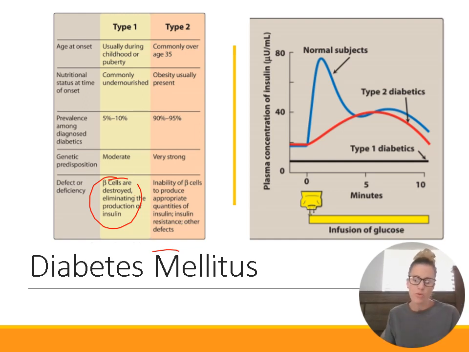And at that point, it can progress to where the patient does need insulin injections. So type 1 diabetics always need insulin injections. In type 2 diabetes, insulin injections are typically not required in the beginning, but if it's not well controlled, it can progress to the point where the person does need to inject insulin.